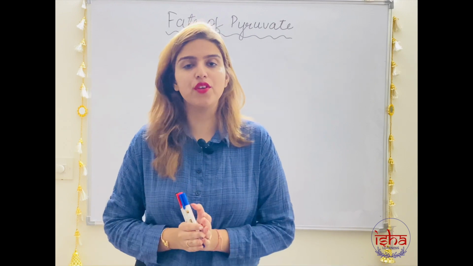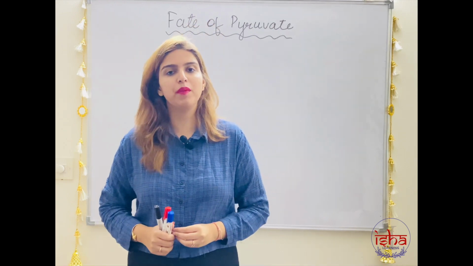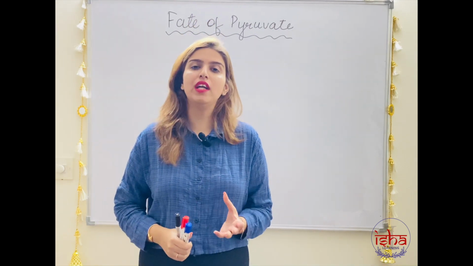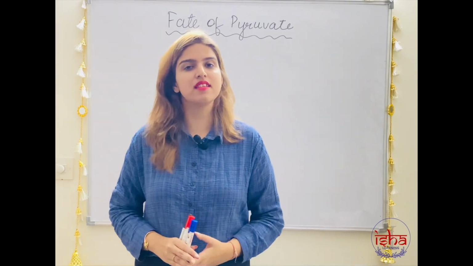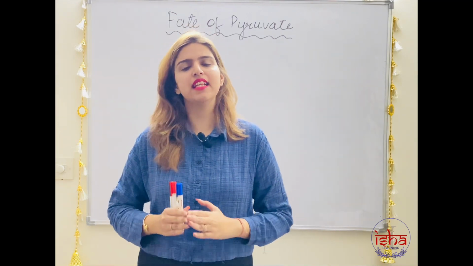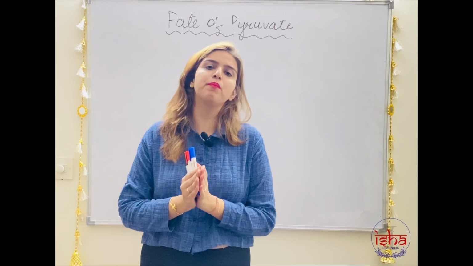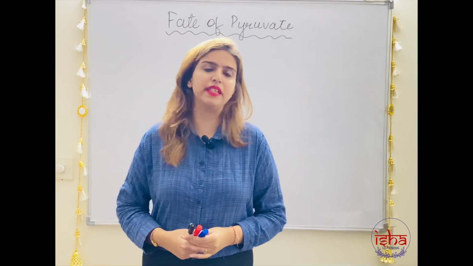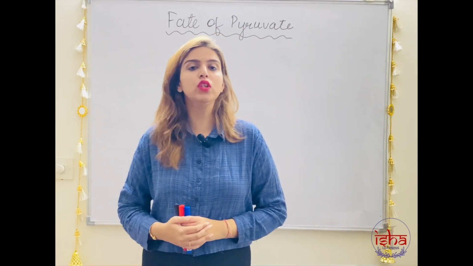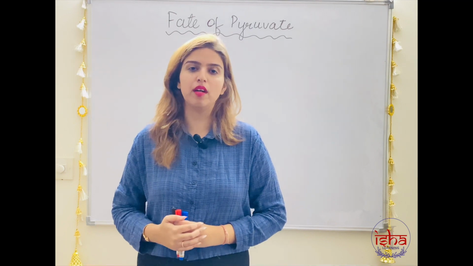In the last video, we have already spoken about a process called glycolysis. We have already seen that glycolysis in simple words is glucose breakdown. Now, glucose is a 6-carbon compound.